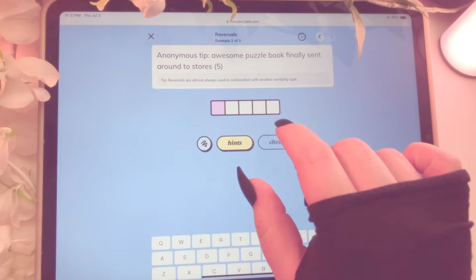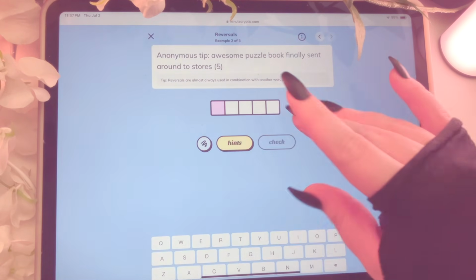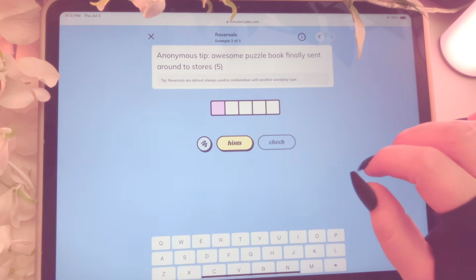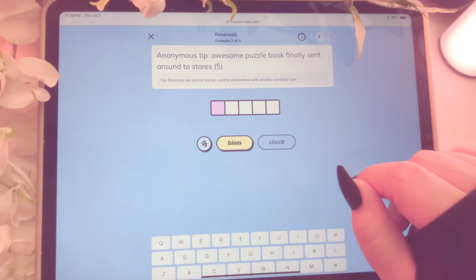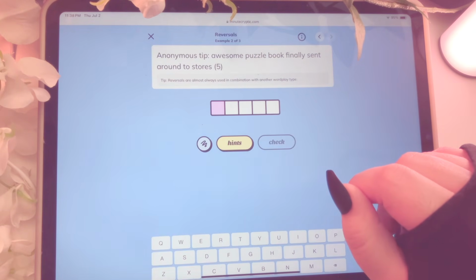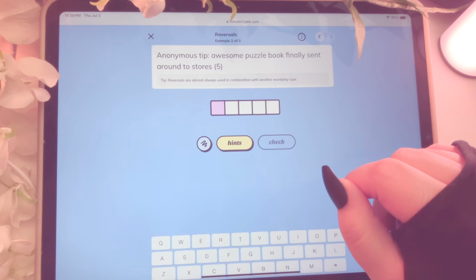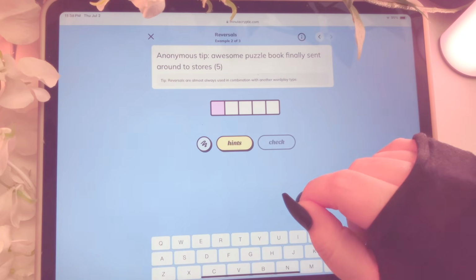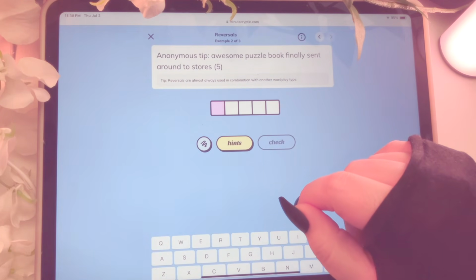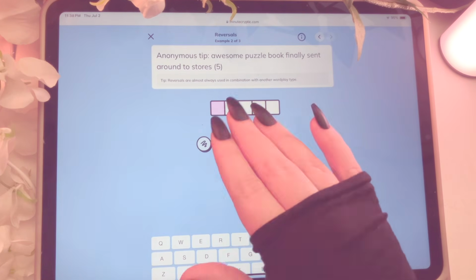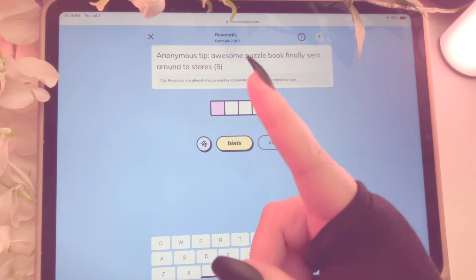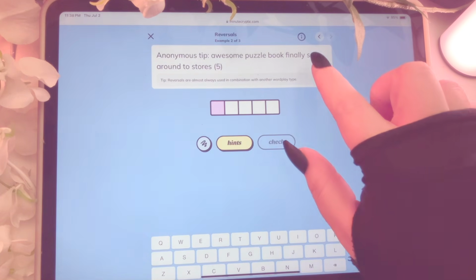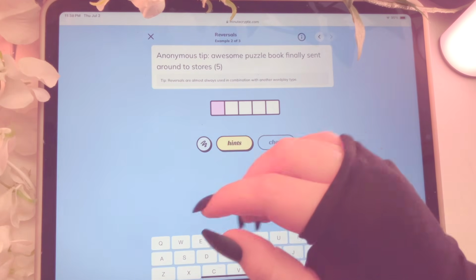The next clue is anonymous tip. Awesome puzzle book finally sent around to stores. And it is 5 letters. That we're looking for a reversal indicator, because I don't think I would have spotted it otherwise. But I think it's sent around.